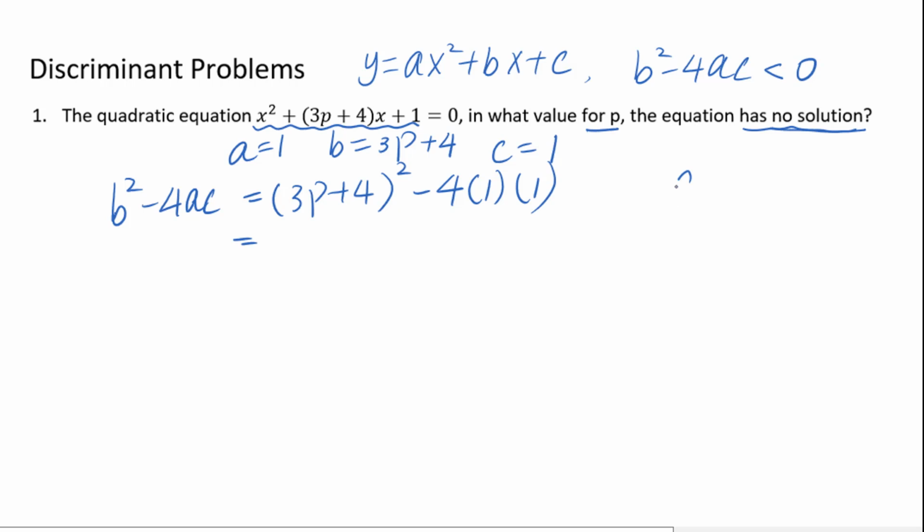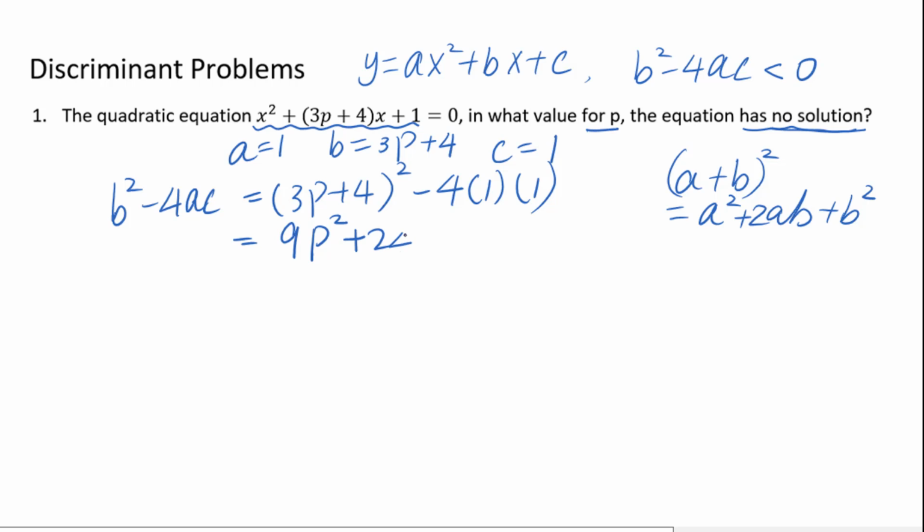We are going to use (a plus b) squared, that is a squared plus 2ab plus b squared. So you have 9p squared plus 2ab, which is 24p, plus 16, then minus 4. Combine like terms: 9p squared plus 24p plus 12.